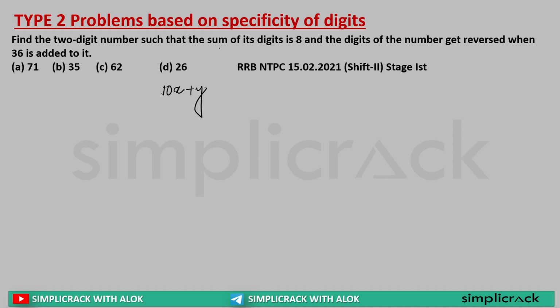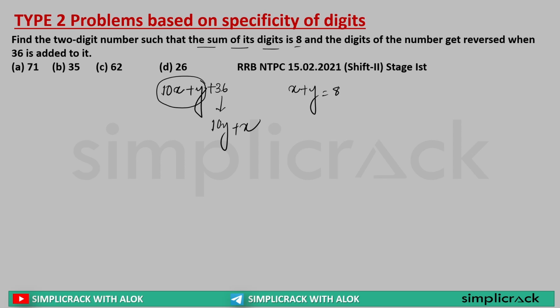Now it is saying the sum of its digits, that means x plus y is equal to 8. The digits get reversed when 36 is added to it. So if this is the number and I add 36 to it, it will be reversed to 10y plus x.